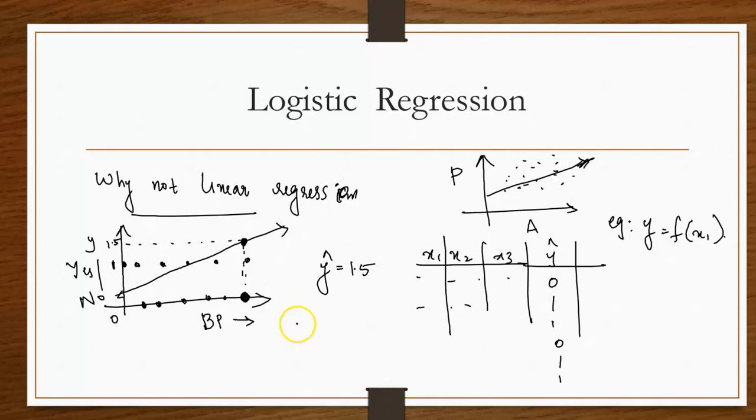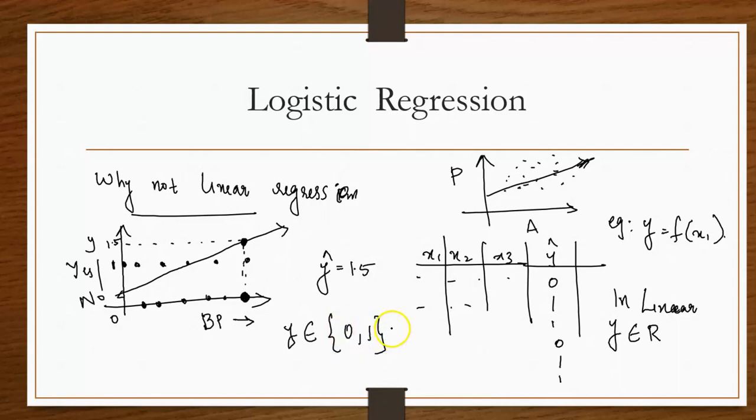So the problem is that, in linear regression, y belongs to all real numbers, meaning y can vary from negative infinity to positive infinity. But in logistic regression, y belongs to only 2 values, either 0 or 1.